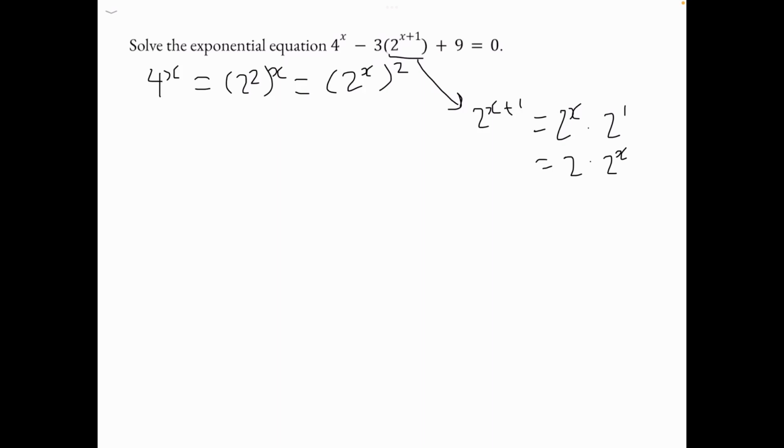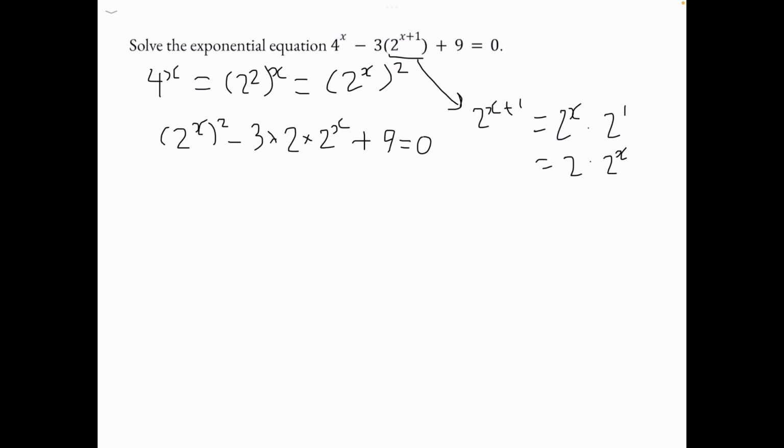Now, by deducing all of this, we can now write the new form of the exponential equation, which will be (2^x)^2 minus 3 times 2 times 2^x plus 9 is equal to 0.